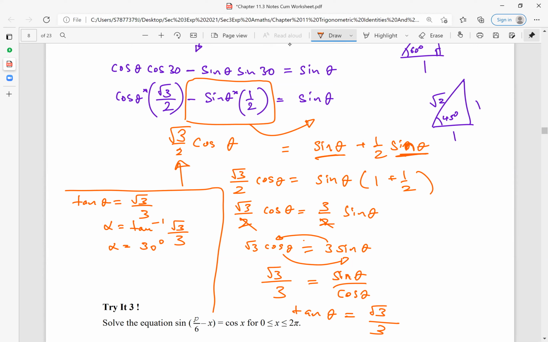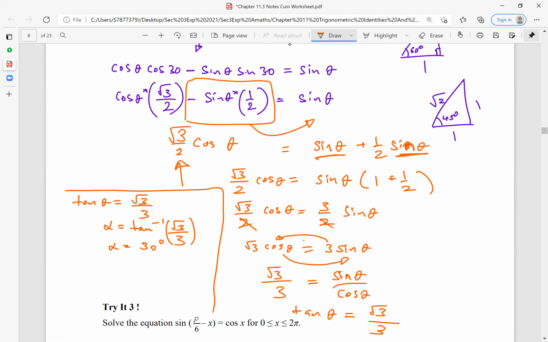Correct? Anyone lost? Anyone who doesn't understand this step? Okay, can I move on? Okay, now I know the basic angle is 30.